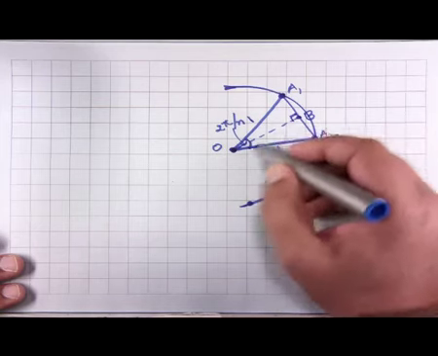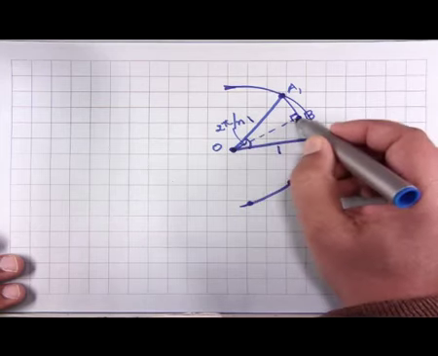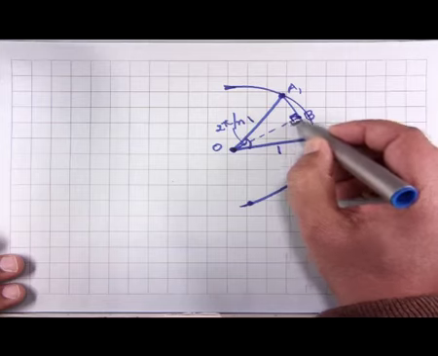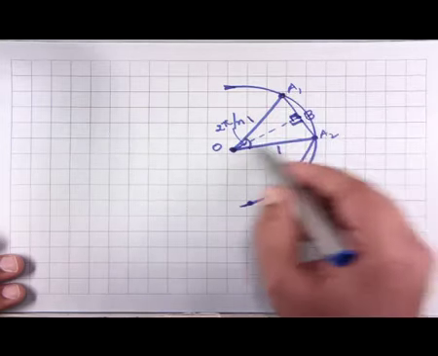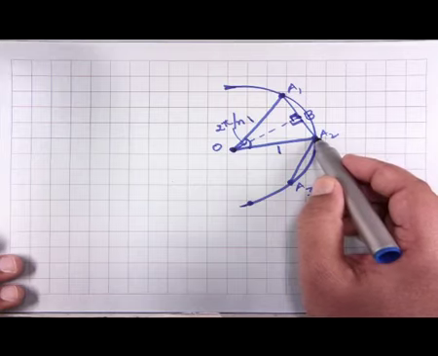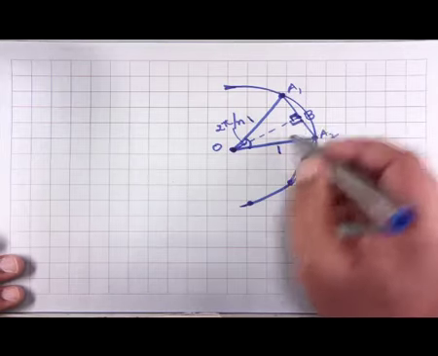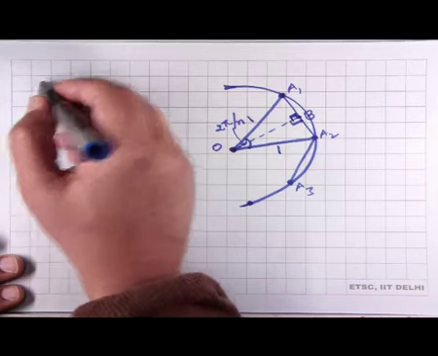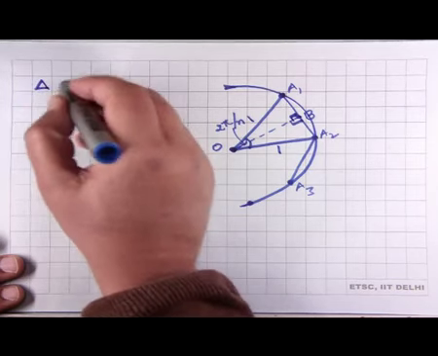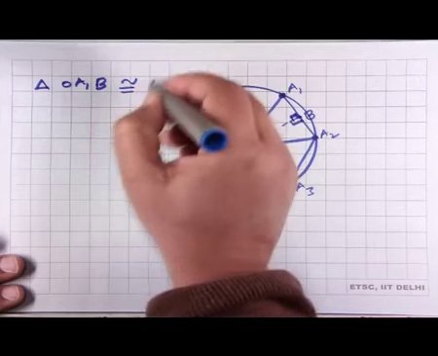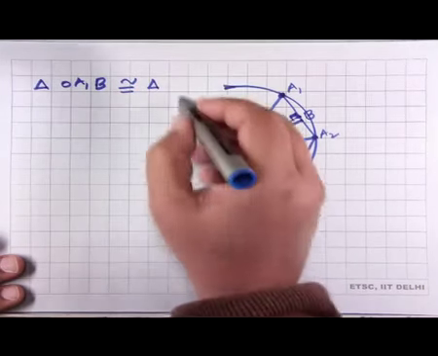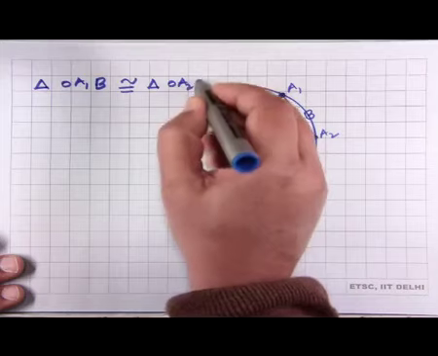Of course, because now this side is common, this angle and this angle are both 90 degrees, and this side are also equal. It is not very difficult to show that the triangle OA1B is congruent to the triangle OA2B.